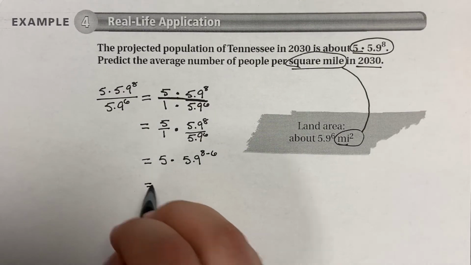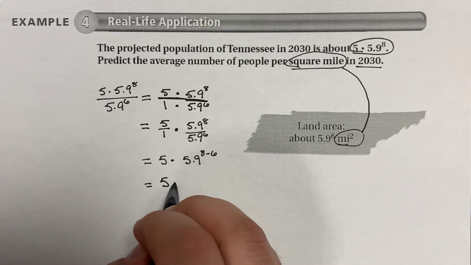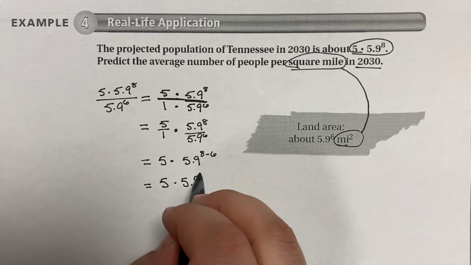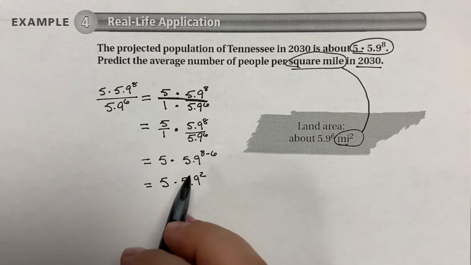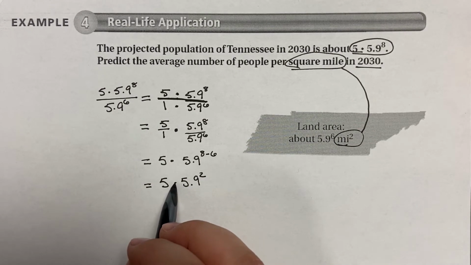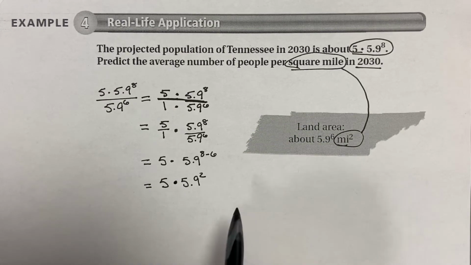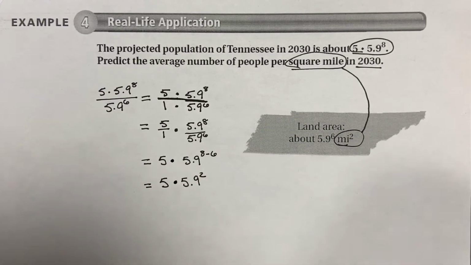When we do that, it's the same thing as 5 times 5.9 squared. Hopefully you see why it can be confusing using a dot for multiplication. You usually want to make it a bit bigger so it's obvious that it's multiplication and not a decimal.